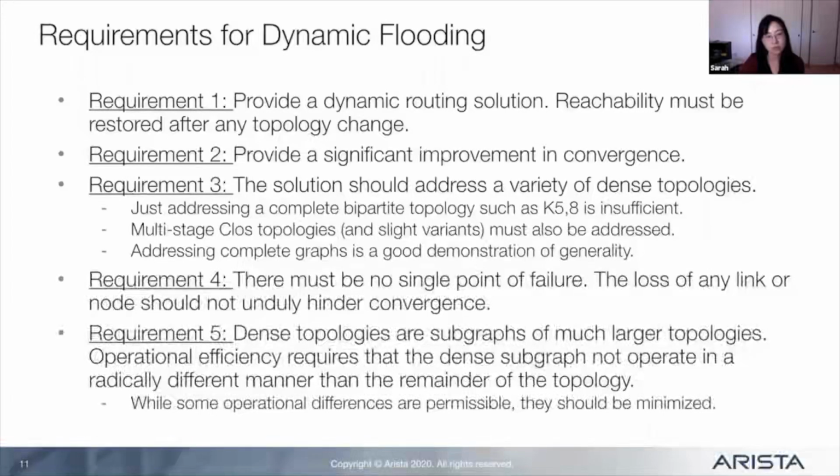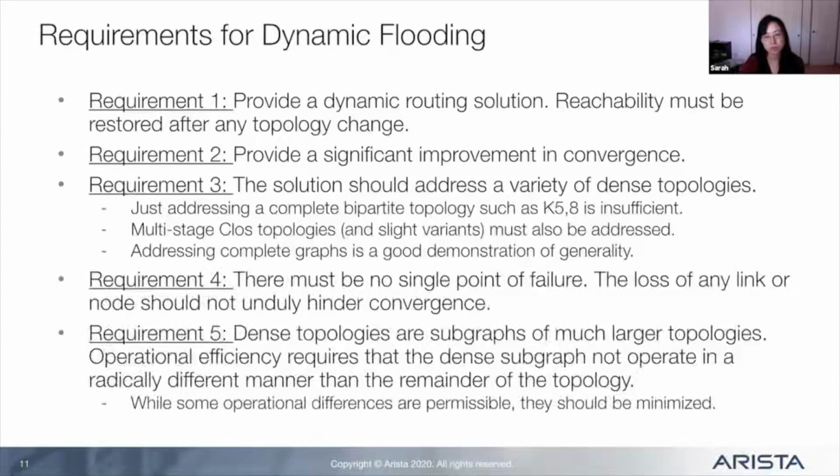The third requirement is that the solution should address a variety of dense topologies. It should not just address a complete leaf-spine topology. That's not sufficient because when the topology changes, it no longer remains a leaf-spine topology.